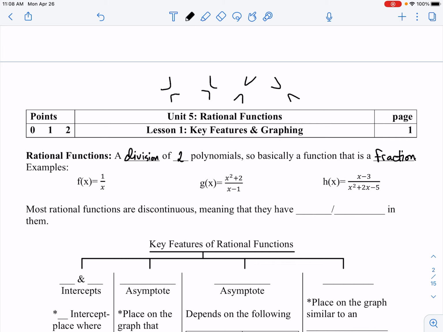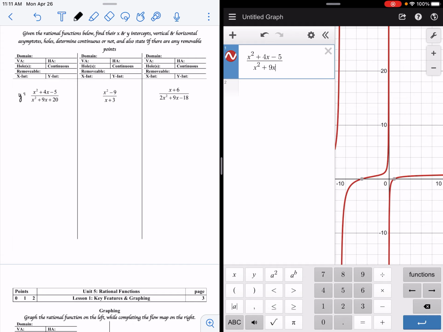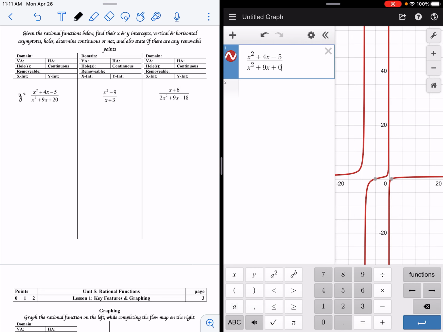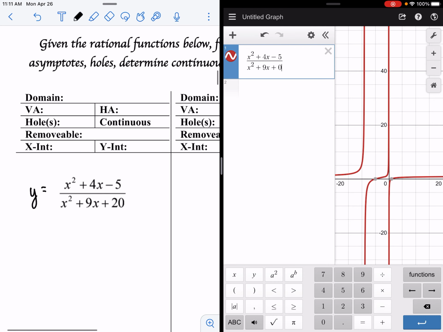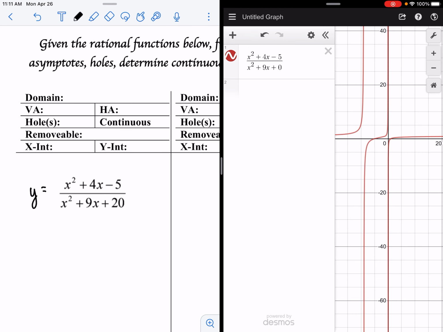Hardest part about these is making sure that you first hit division and then you type the top piece of your function. Once you get done with your numerator, you go to your denominator. And again, if we zoom out, we want the x-intercept, so wherever y is equal to 0.